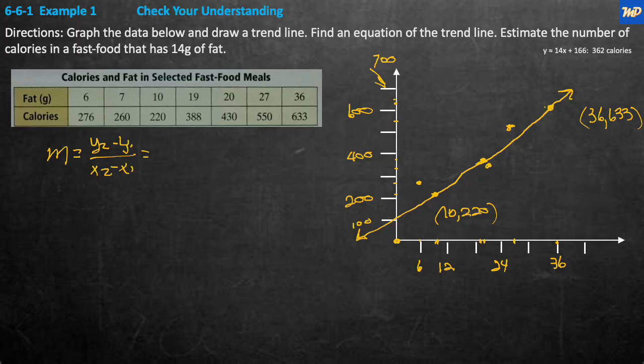And if we carry that out, what is y2? y2 is 633. 633 minus y1 is 220, over 36 minus 10. Right? So that equals, and so that's going to equal what?